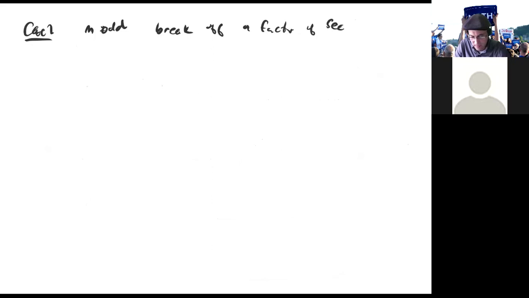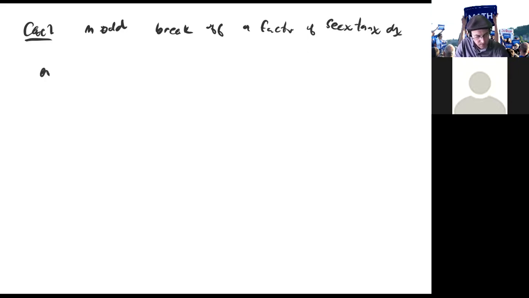Okay, so let's do case 2. It will be the case where m is odd. In that case, if m is odd, you break off a factor of secant x times tangent x and use the identity after that. So let's see what I mean by that.